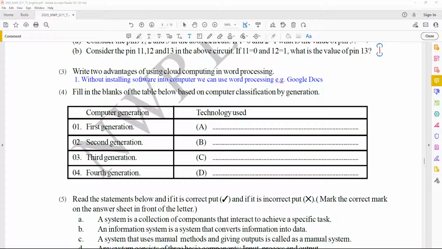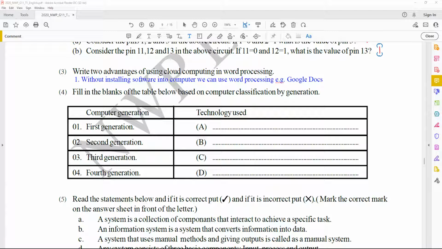No need to create space in the computer. Yes, you don't need a separate space inside the computer. And where are you going to make the space? In the cloud. It'll be stored in the cloud.